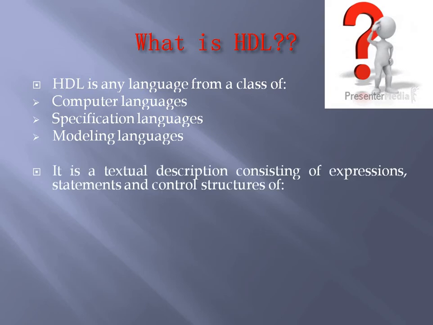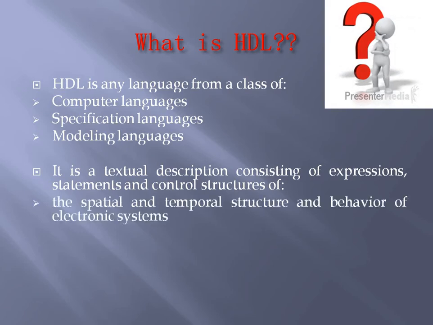So you can say now HDL is any language from computer language, specification language or modeling languages. It is a textual description consisting of expressions, statements and control structures of the spatial and temporal structure and behavior of electronic systems.